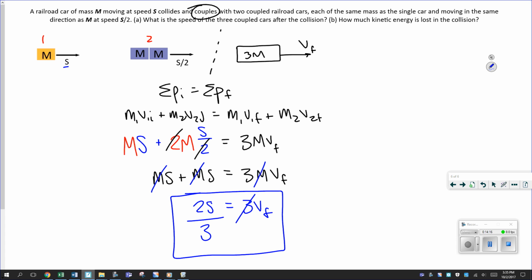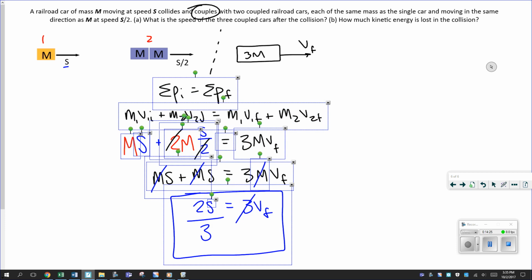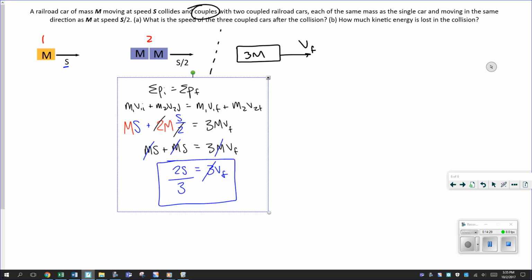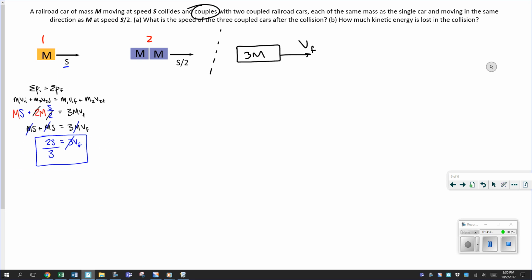Fair enough. Now the kinetic energy lost, and here's the deal. There are very special kinds of interactions where mechanical energy is conserved. Very special ones. But in most interactions, kinetic energy is not conserved.